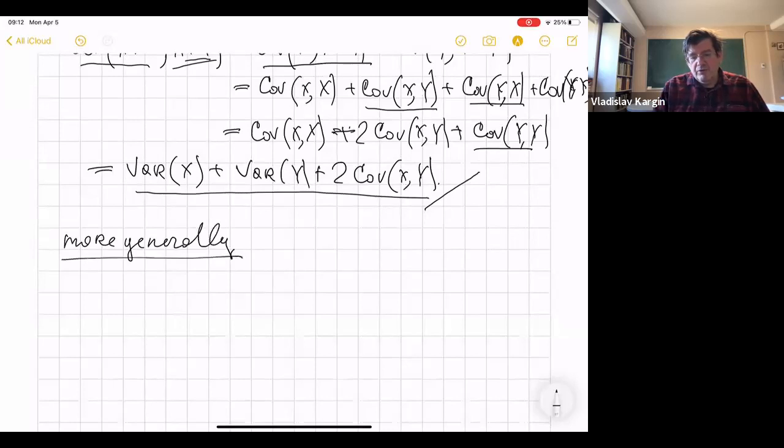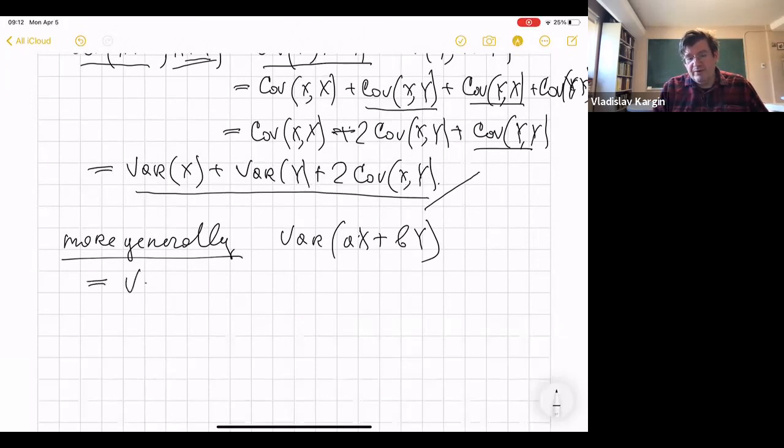if you want to see how to calculate, say, the variance of ax plus by, in this case, what will we have? Again, you think about it like a product, right?